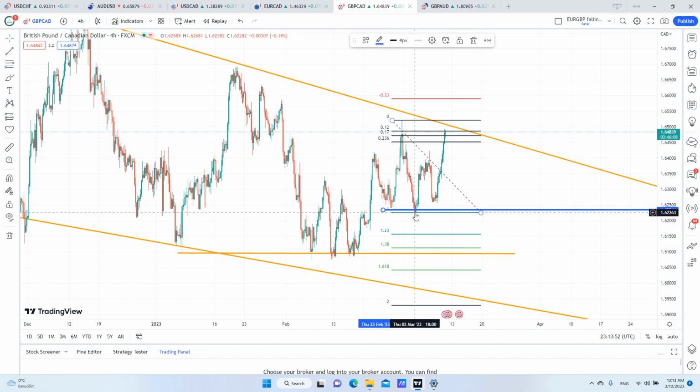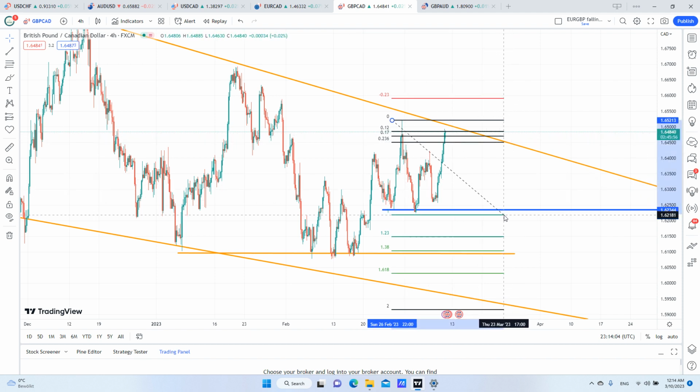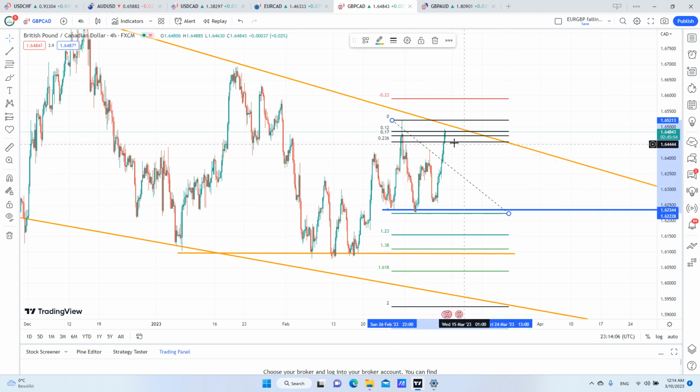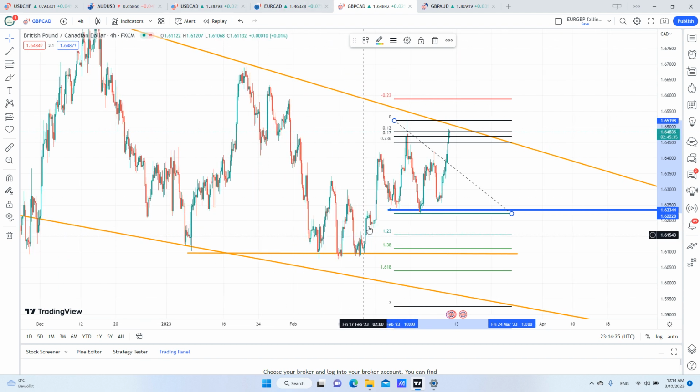It just barely broke it, and then came back to the 83 level. Now I think it's the 88 level, which is a little bit higher. So it's maybe a little bit dangerous, but I will choose one of these CAD pairs, whether the pound CAD or euro CAD or USD CAD, because all of them are the same idea.